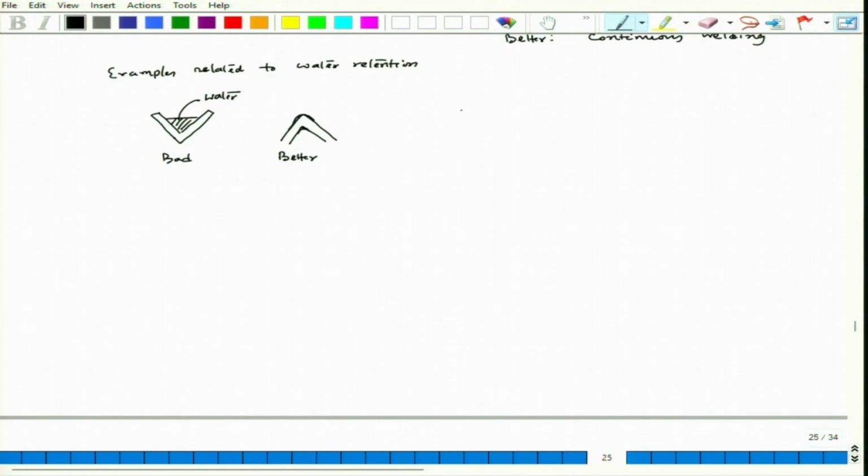Then there could be the possibility of this. Again water can accumulate here. So, those portions, water accumulation, water retention.